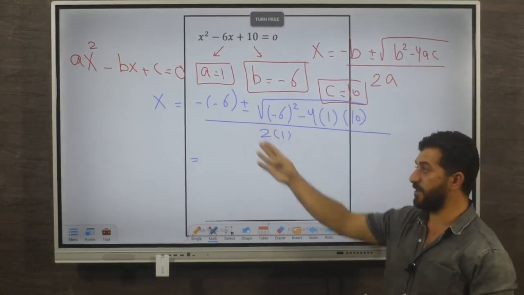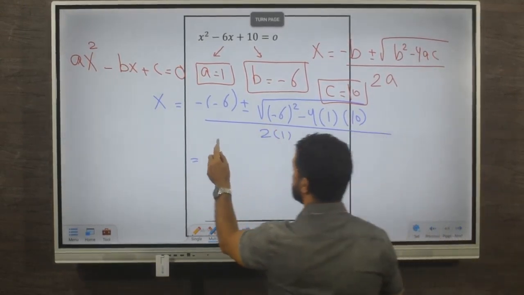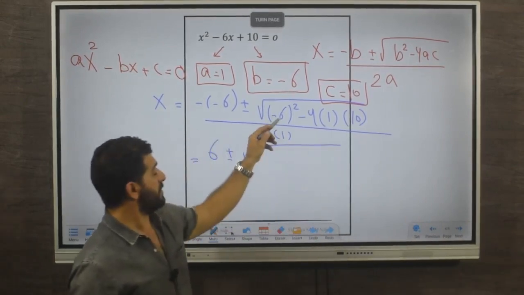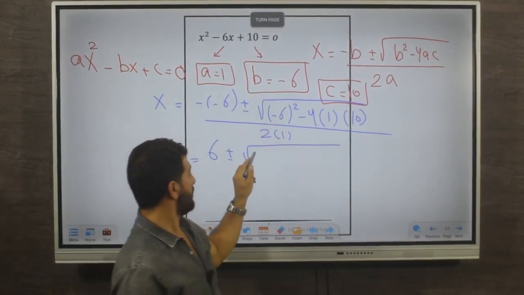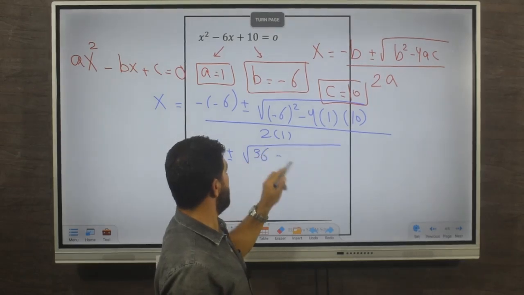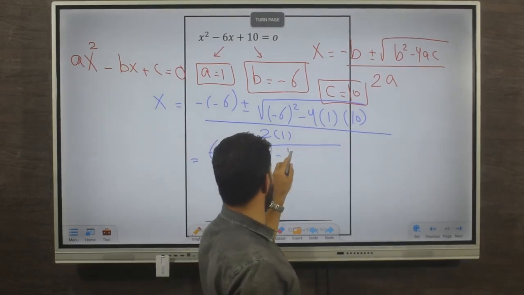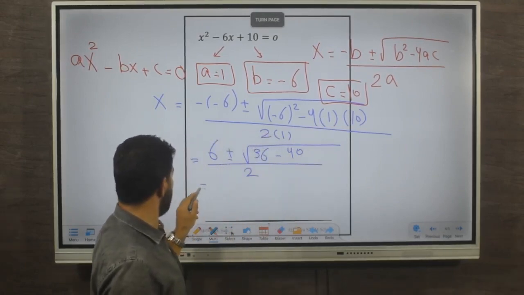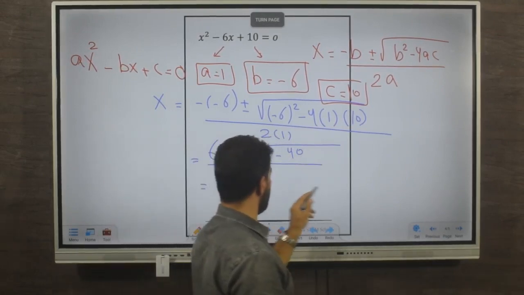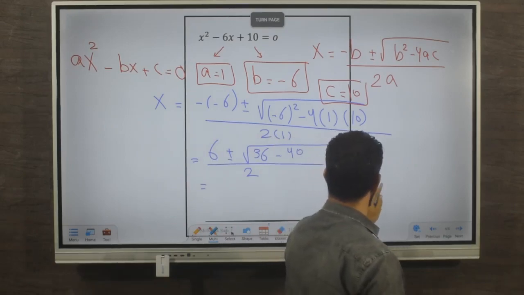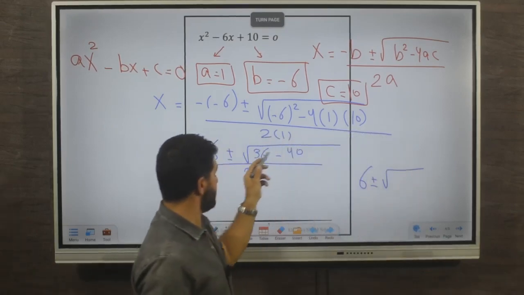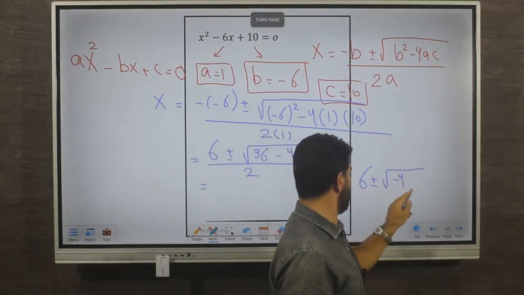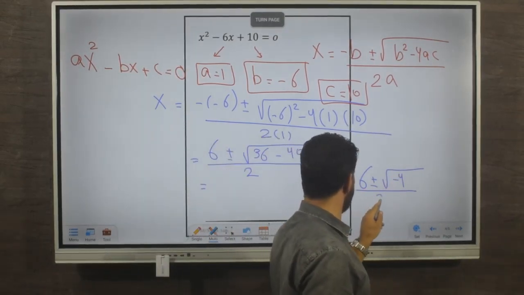Negative times negative equals what? Equals 6. So it's positive or negative, the square root of negative 6 raised to the power of 2, 36, minus 4 times 1 times 10, which is 40. All divided by 2. So it's 6 positive or negative, the square root of 36 minus 40 equals what? Equals negative 4, divided by 2 times 1, which is 2.